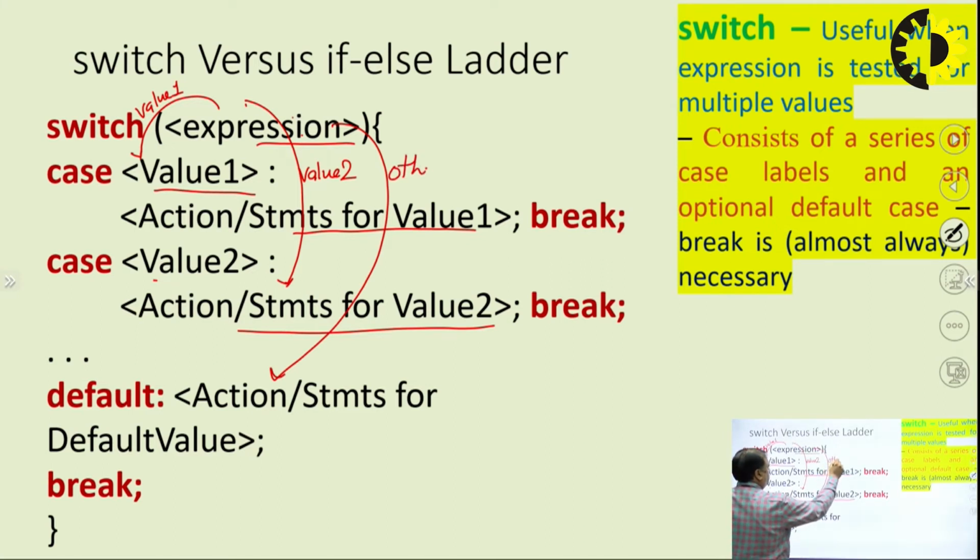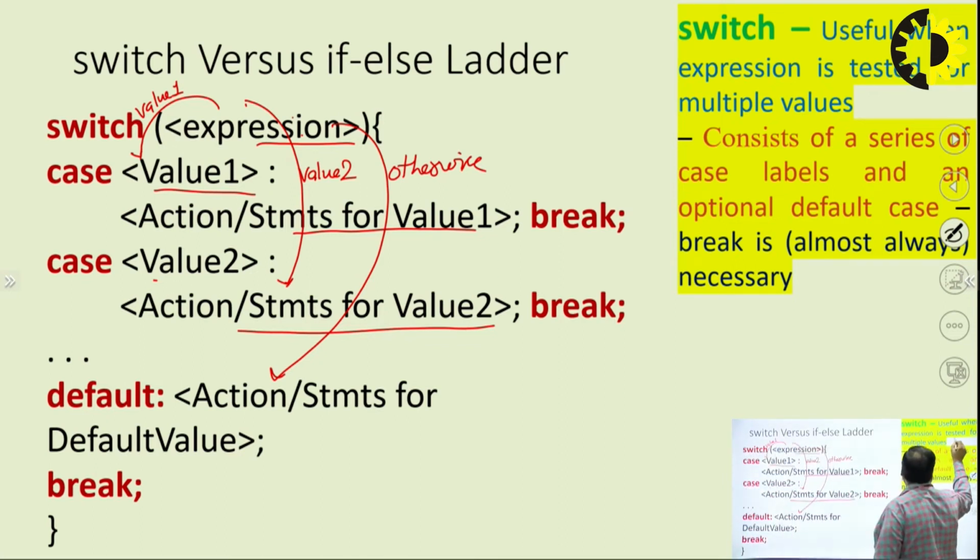Otherwise, that means neither value 1 nor value 2, then it will come to the default state. So it is useful when an expression is tested for multiple values. Another thing, it consists of a series of case labels and the optional default case.